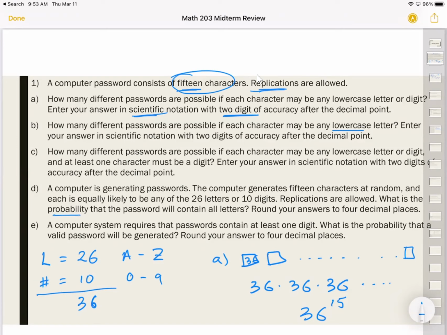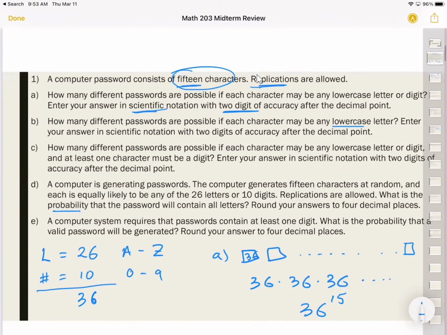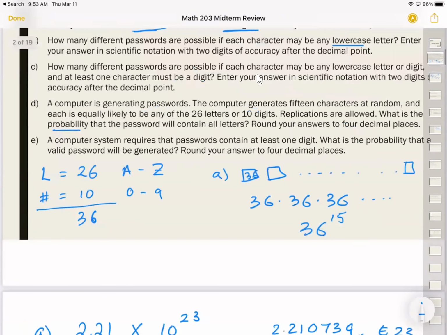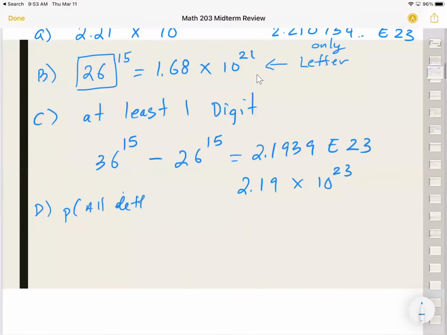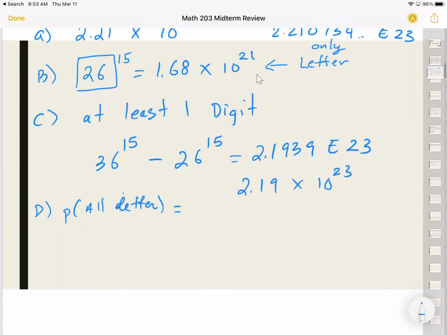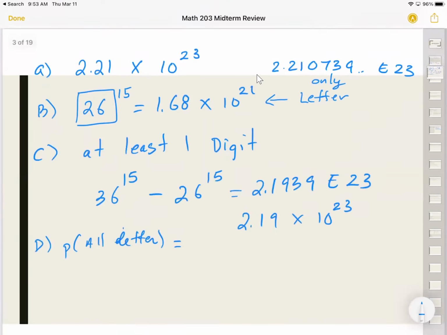So how do we find the probability of this password containing all letters? We just want to know the passwords that contain all letters. So again, probability of all letters. Do you agree that in order to find the probability, we need to know the total number of only-letter passwords divided by the total possible passwords there are?